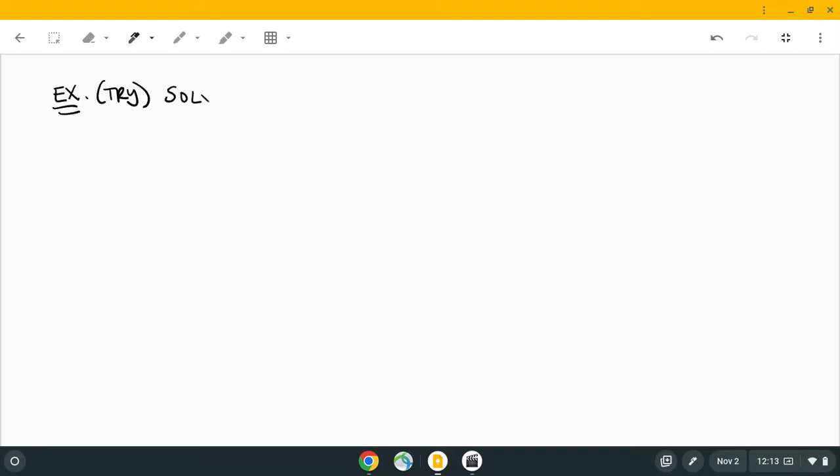Okay, so solve 3 sine theta minus 2 equals 7 sine theta minus 1 if 0 degrees is less than or equal to theta less than 360 degrees.